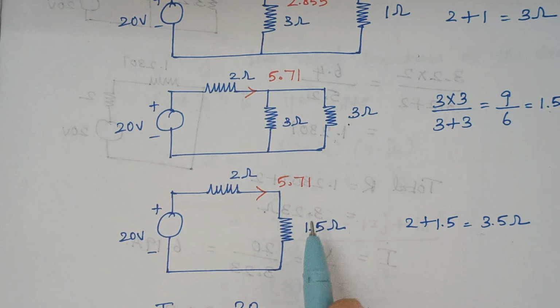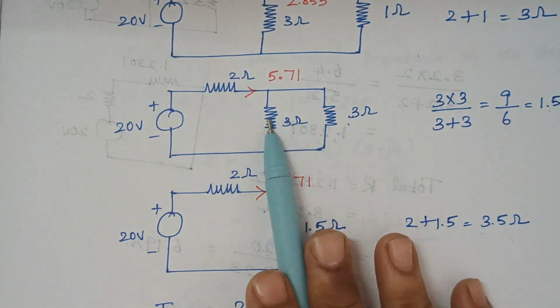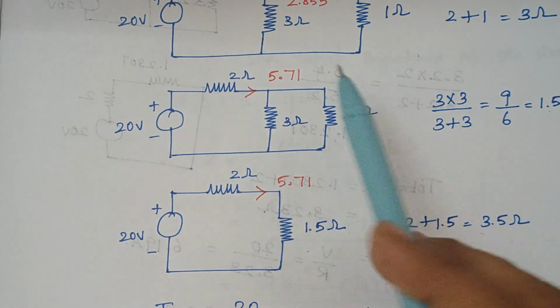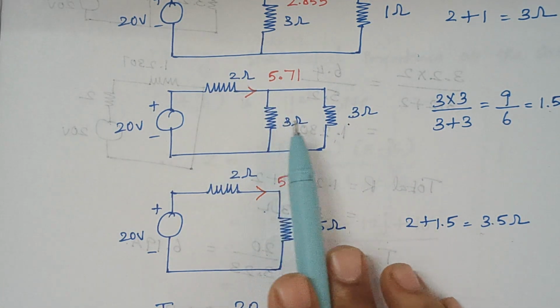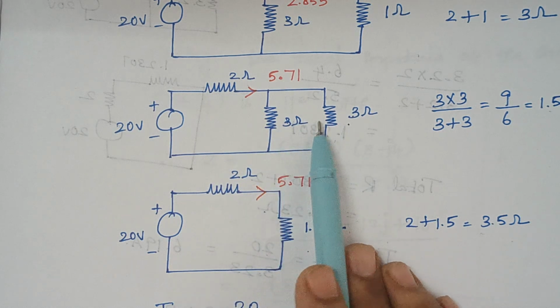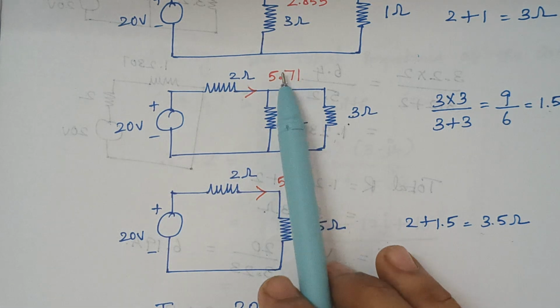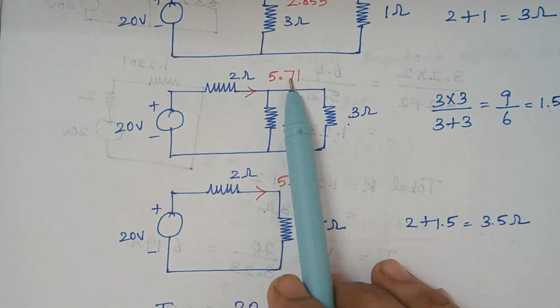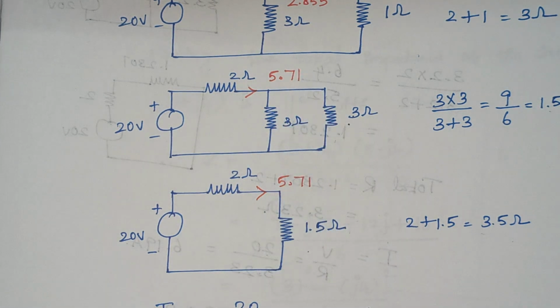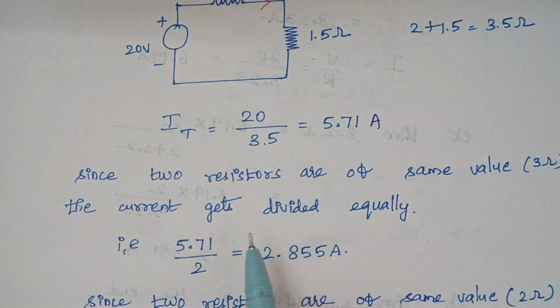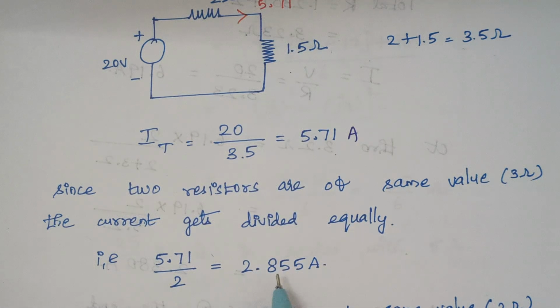This 1.5 comes from these two parallel 3 ohm resistors, right? So here this current gets divided between these two resistors. Since the value of the resistors are same, the current gets divided equally, right? Therefore, here I am using 5.71 divided by 2, that gives 2.855 amps, right?